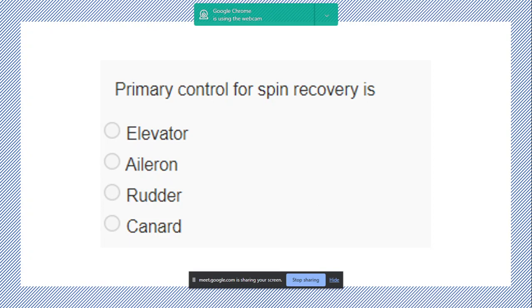Primary control for spin recovery is, what is spin? Spin is a kind of stall encounter. Yeah, okay, the answer is rudder, but can you tell me what spin is?